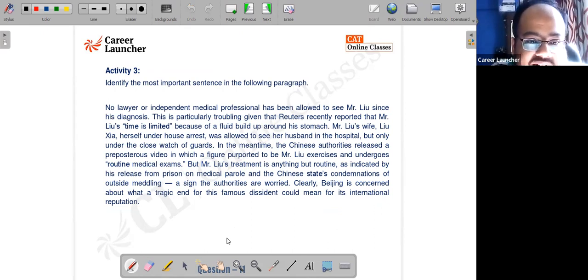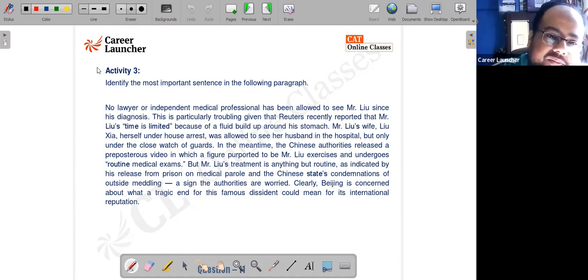So you can access it either on the mobile or you can look at it on the screen that I'm displaying. Read this paragraph. Try to identify which the most important part of the paragraph is. Is it the first part of the paragraph? Is it the central part of the paragraph? Or is it the last part of the paragraph?